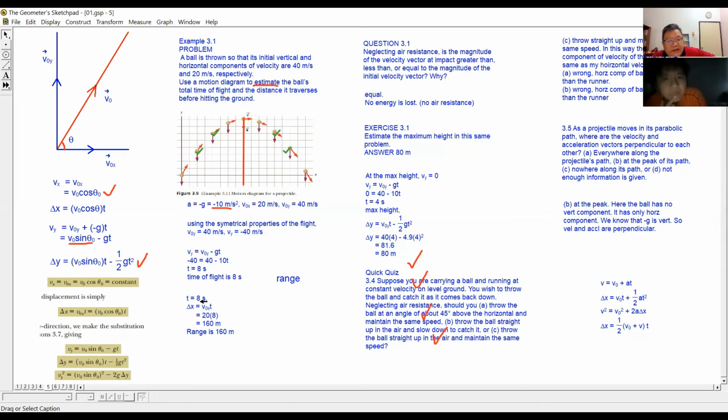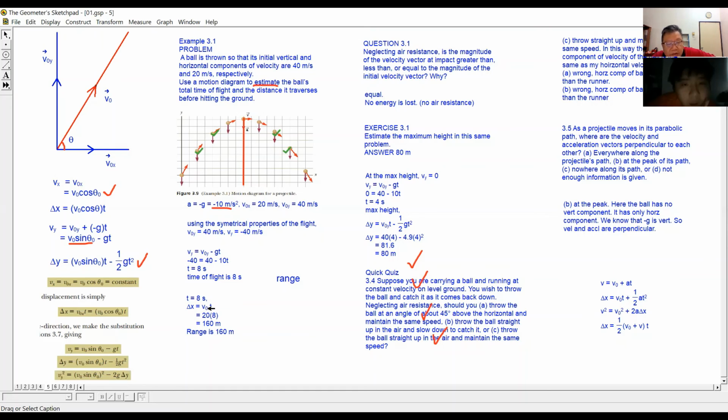So we are going to use this time to calculate the range, how far it has traveled horizontally from the starting point to the point where it lands. So what is that distance? We use the time that we have found earlier, 8 seconds. This distance, which is called the range, is the horizontal distance.